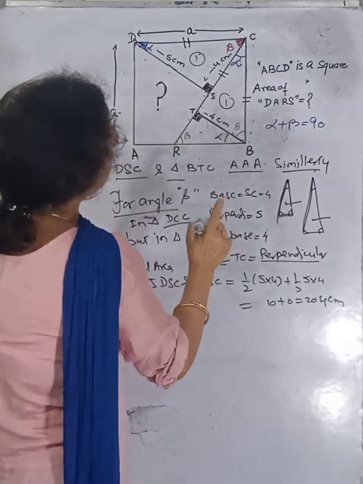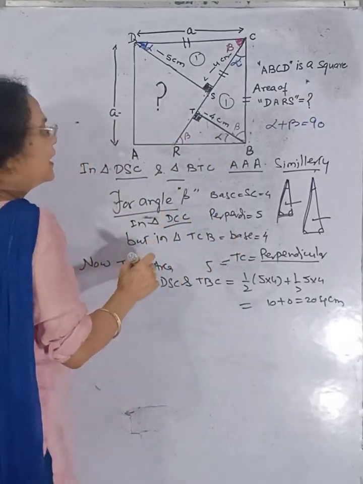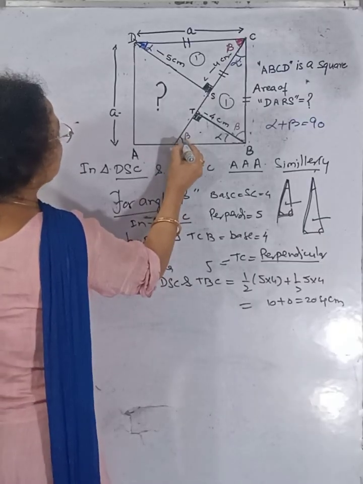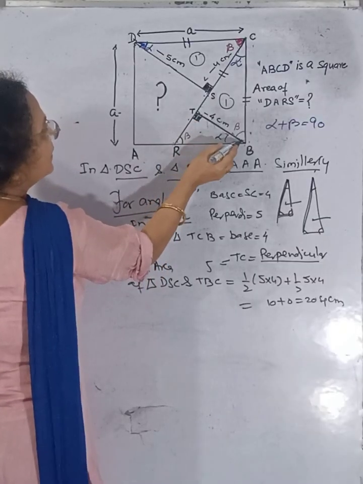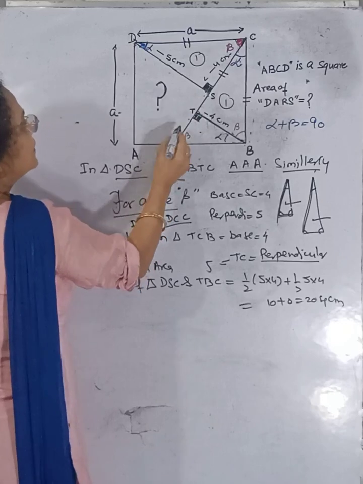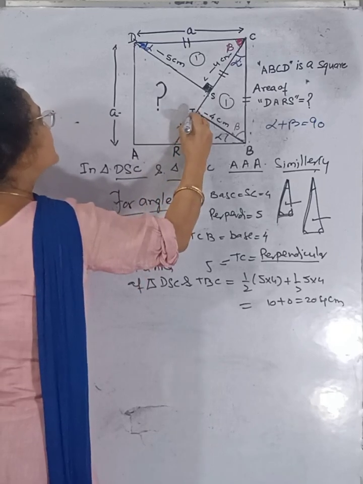We were considering the case of sine of angle beta. Angle beta is this. For this angle beta, the perpendicular is 4, and this is, let us suppose, x.